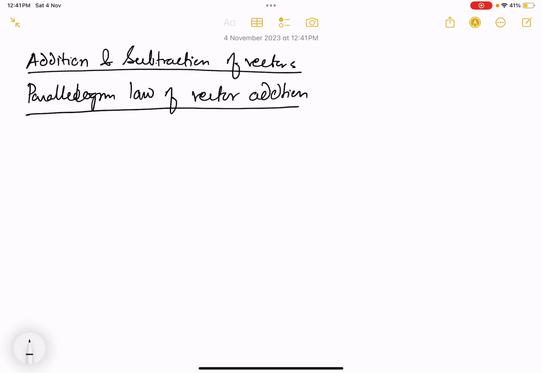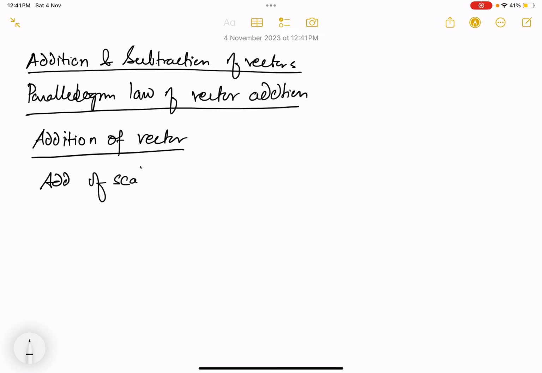So let us first understand about addition of vectors. What is addition of two vectors? Now first let us look at addition of scalars. How do scalars add?